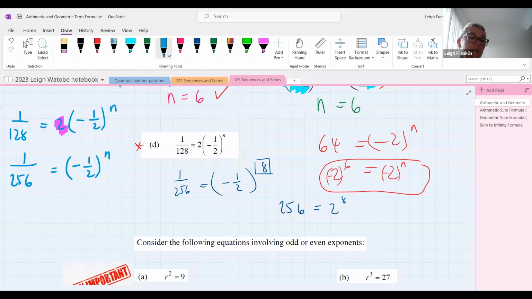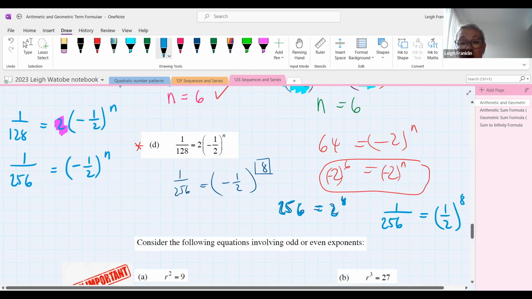Now 1 over 256 can be written with the base minus 1 over 2. On your calculator, you can work out that 256 is 2 to the power of 8. So that means 1 over 256 is 1 over 2 to the power of 8.